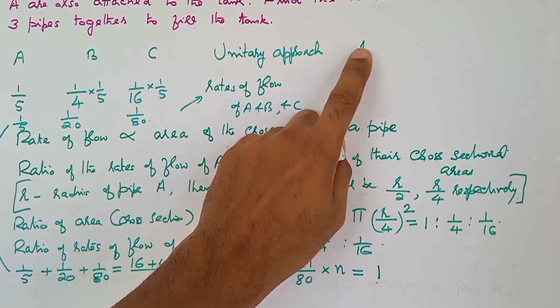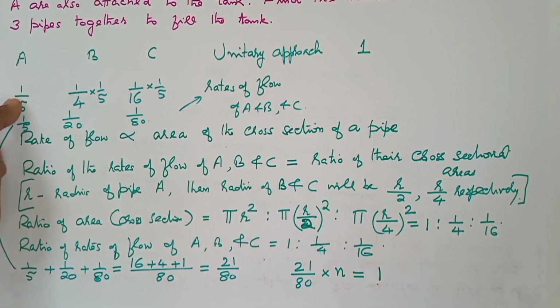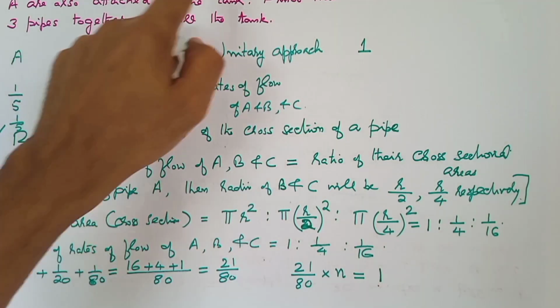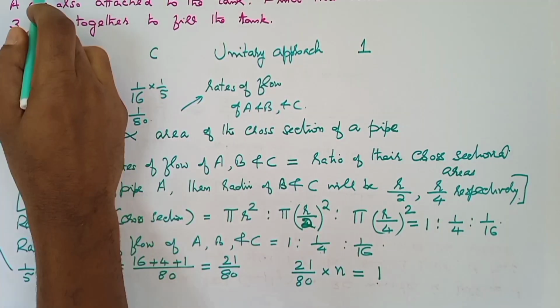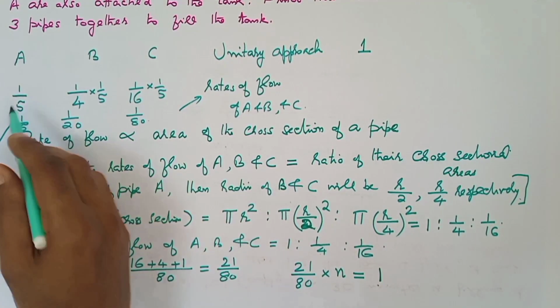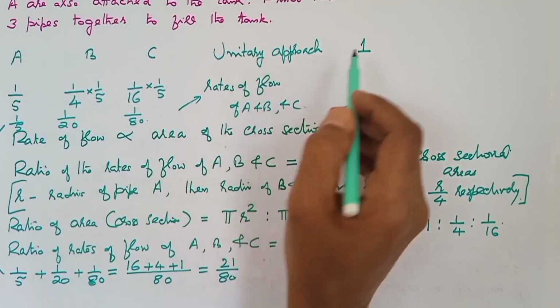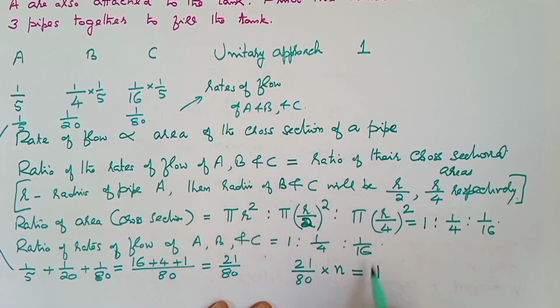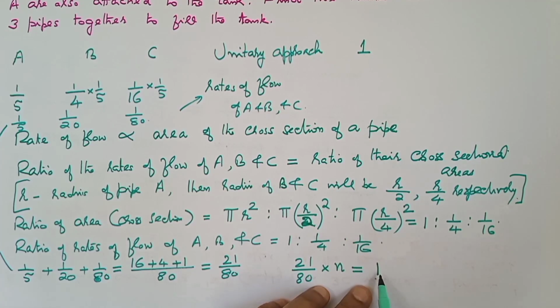It is based on this assumption that we get 1 by 5 as the rate of flow of pipe A. Rather, in 5 minutes the tank gets filled up through pipe A, which means 1/5 of the tank will be filled up in 1 minute. That's based on the assumption of the volume of the tank being 1, which is what I am writing here. The total volume of the tank is assumed to be 1 in the unitary approach.